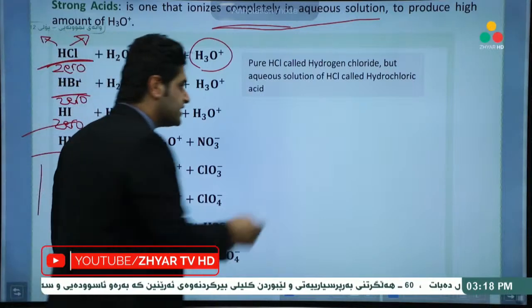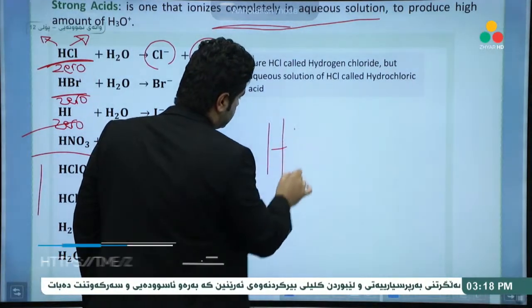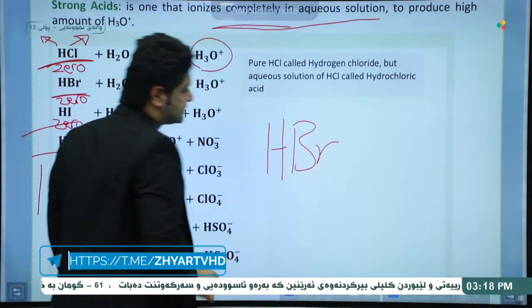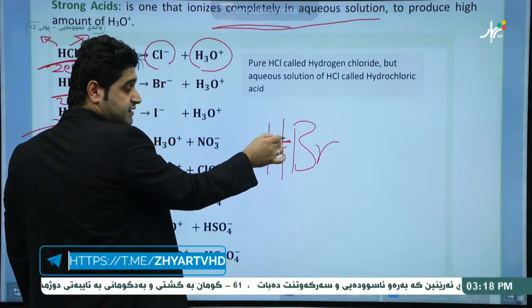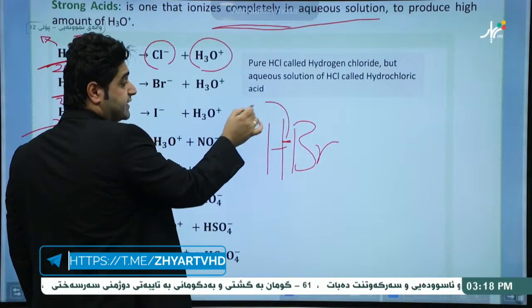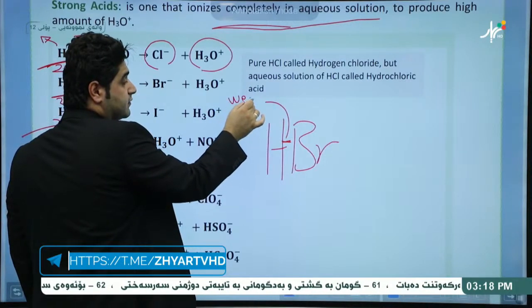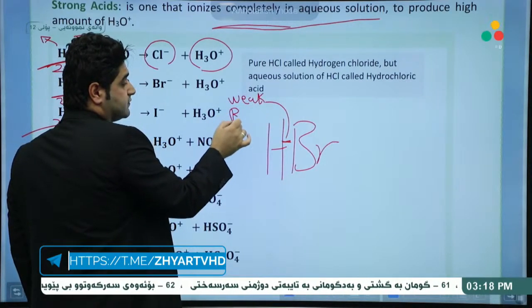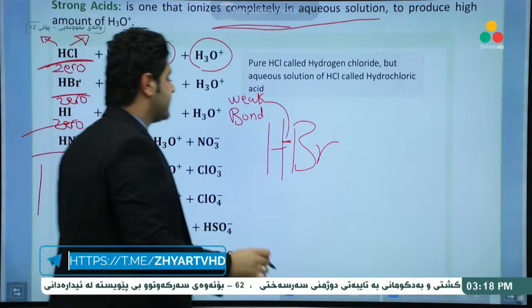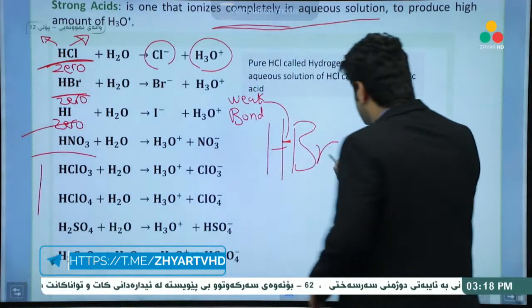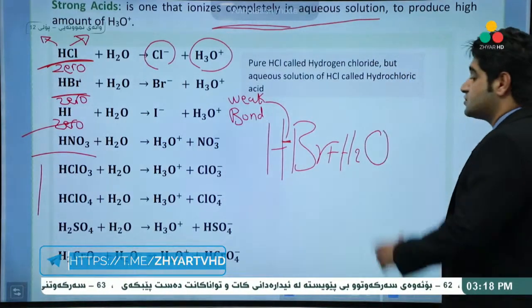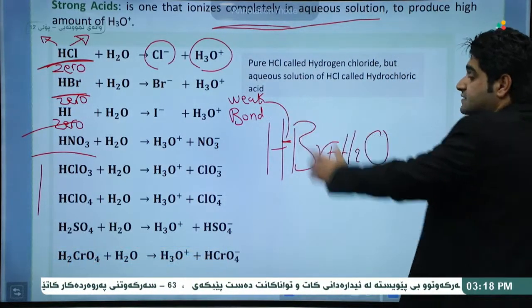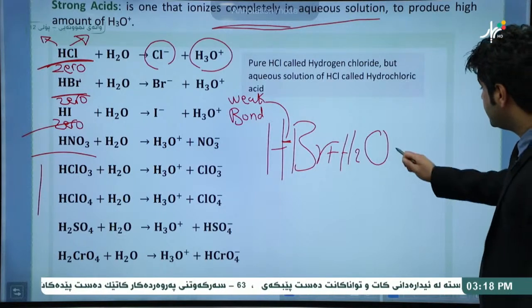Look, we have HBr. HBr is a strong acid, and here we have a very weak bond, a very weak attraction. So it can break very easily when we put it into water, because the attraction force of water can overcome the strength of the bond.